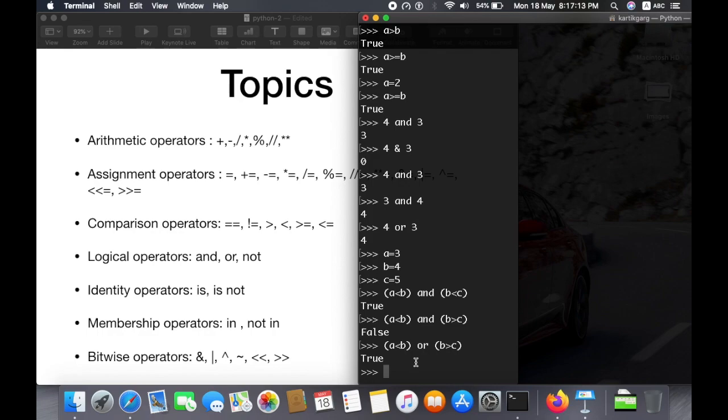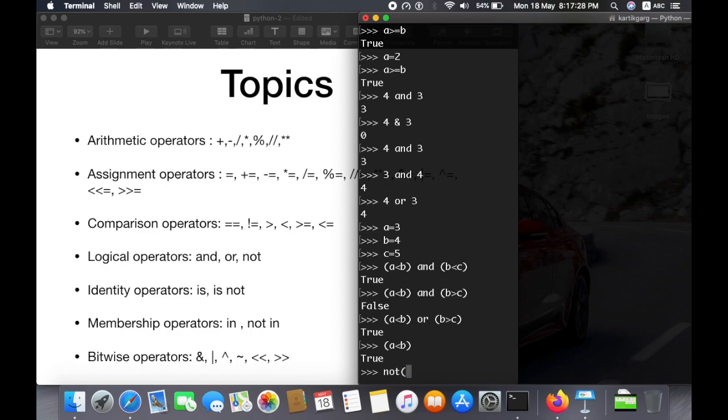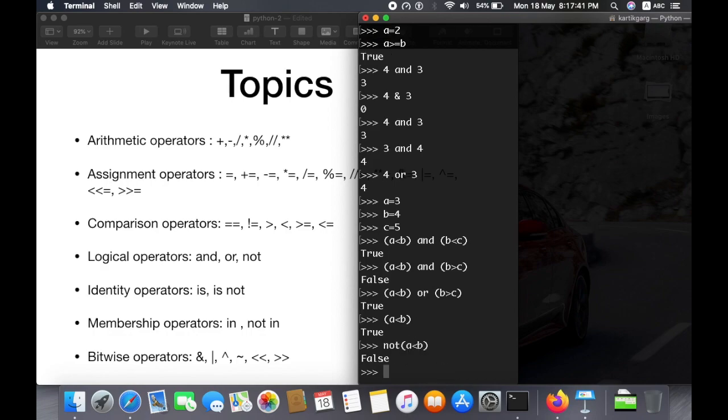Now not. This is what I have now and it will give me true, but suppose I want false from it, then what will I do? I will use not operator. I will write not in front of the value and then the output would automatically be false.